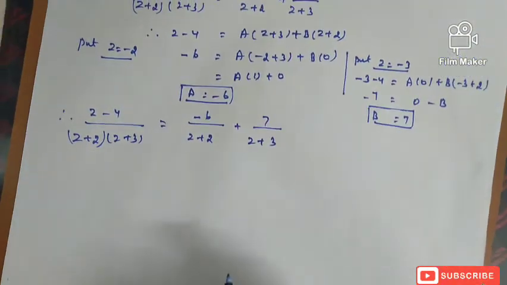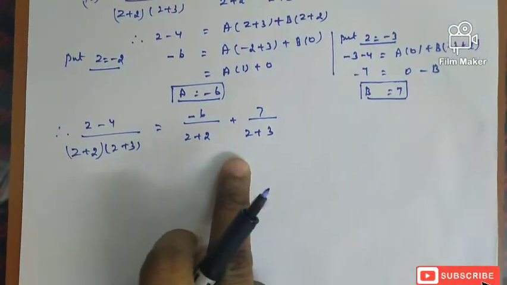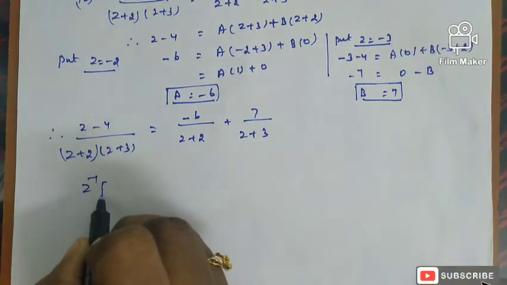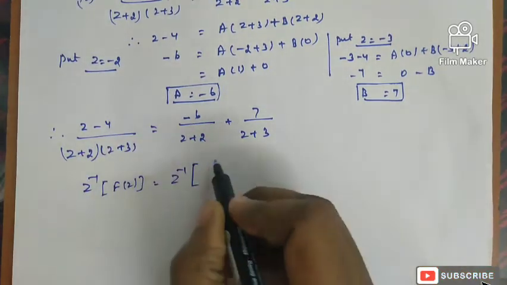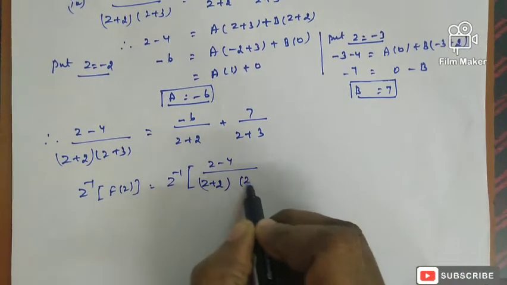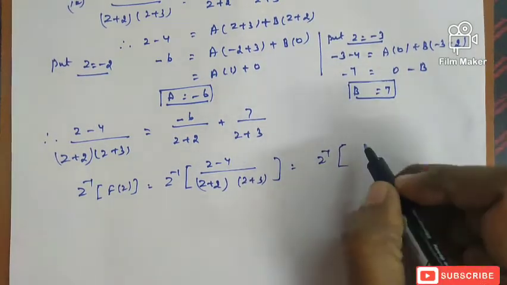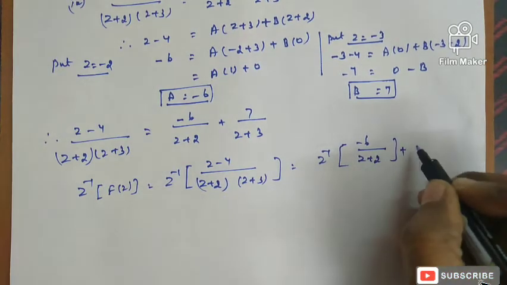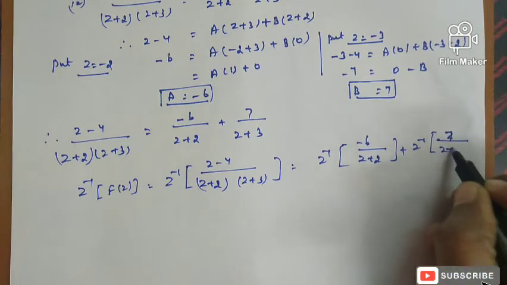Now, according to the question, we have Z inverse in the question. So we have to take Z inverse on both sides. That is, Z inverse of F of Z equals Z inverse of Z minus 4 by Z plus 2 into Z plus 3, that is our left hand side, equals Z inverse of minus 6 by Z plus 2 plus Z inverse of 7 by Z plus 3.